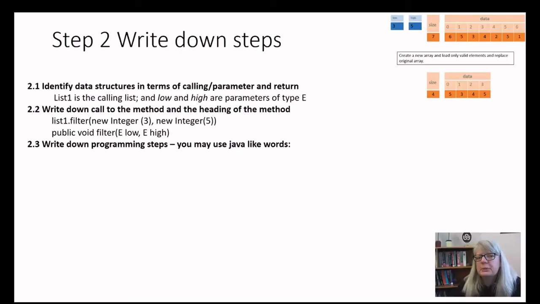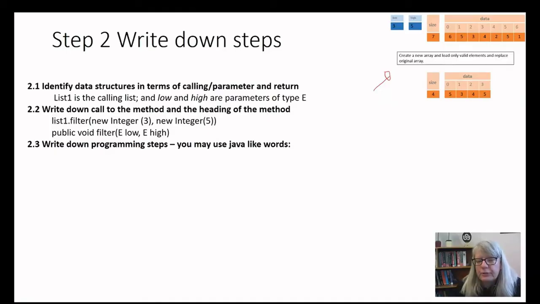Step 2 is all about writing small Java steps or English steps that will become Java steps later. And look at the corner of the screen. There's your diagram. So once again, if you don't understand everything on that diagram, rather go back. Now step 2, we also divide in sub-steps.